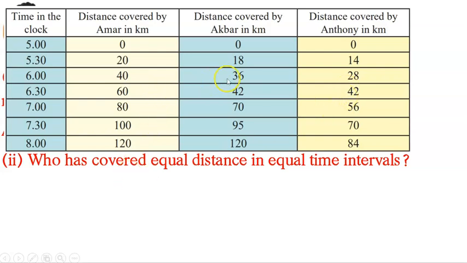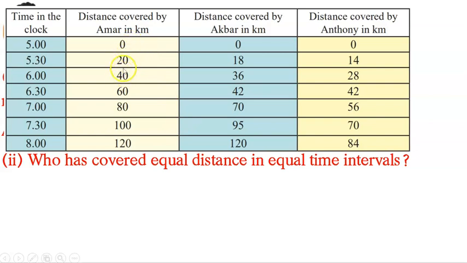Now here the distance covered by Akbar is not uniform, not constant, not equal, but the distance covered by Anthony is 0 to 14, 14 to 28, 28 to 42, 42 to 56, म्हणजे 14 चा प्रत्येक ठिकाणी तो डिफरन्स आहे.